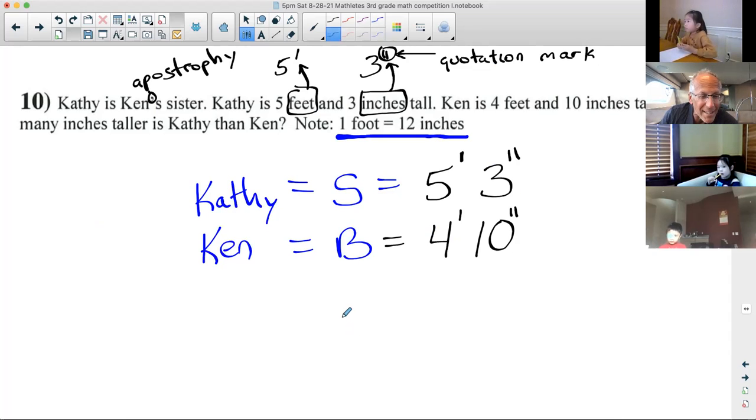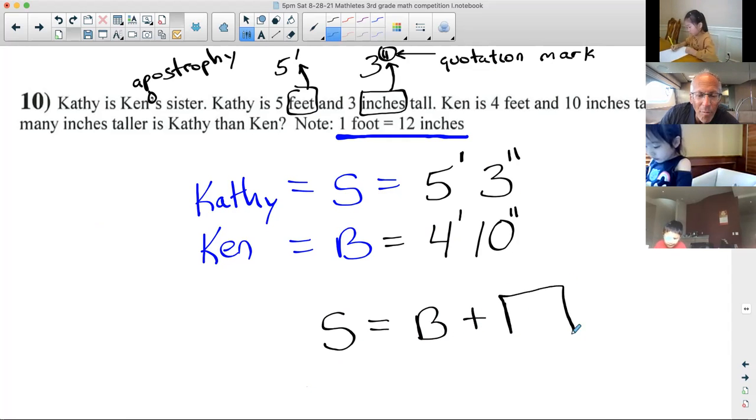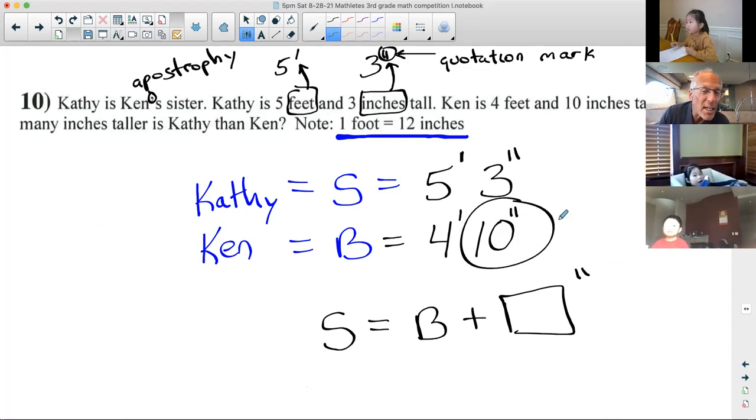So for instance, S for Kathy equals B for Ken plus how many inches? Remember, there are 12 inches in 1 foot. So 10 inches is pretty close to 1 foot.